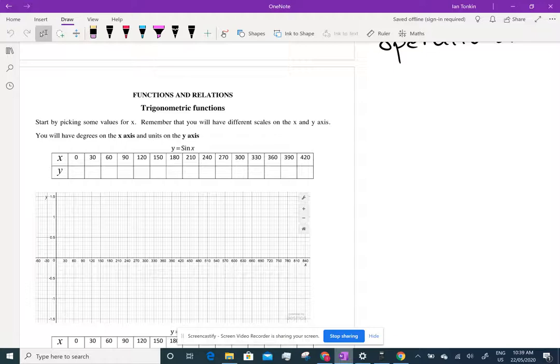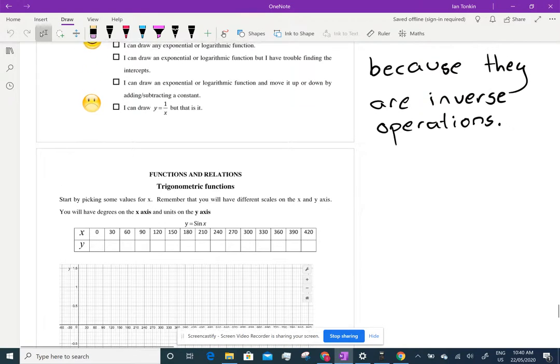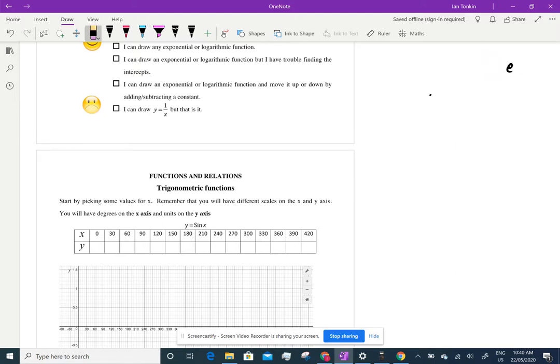Okay, Year 10. We're up to the last graph that we have to do, and this is the trigonometric functions. Now, trigonometric operations, the same way that we did log and exponential functions in the last session, is just an operation you can do to a number.